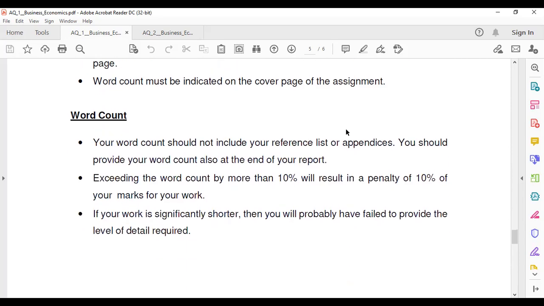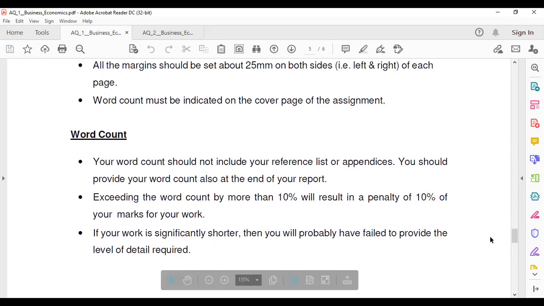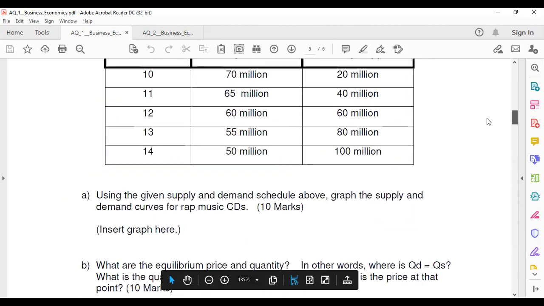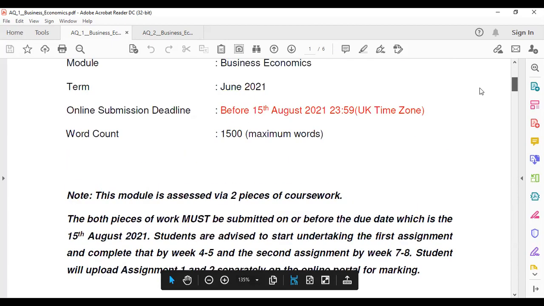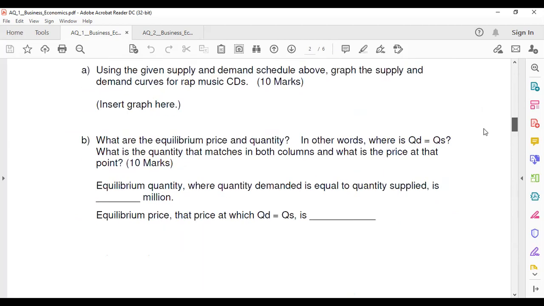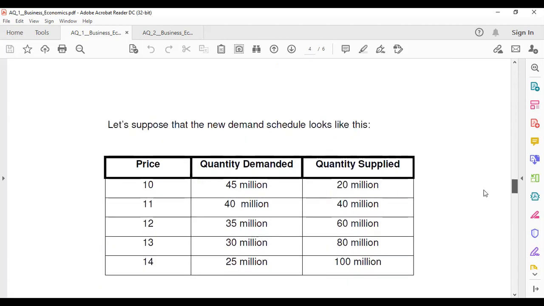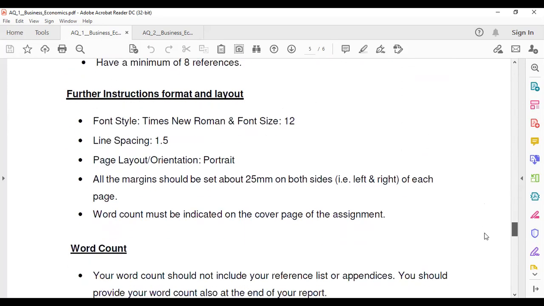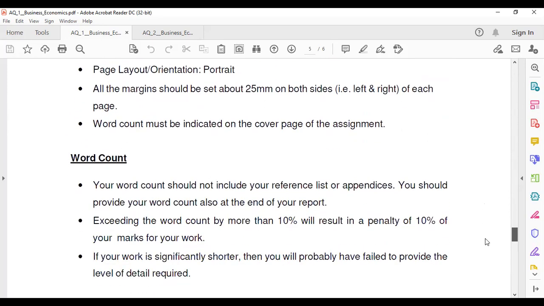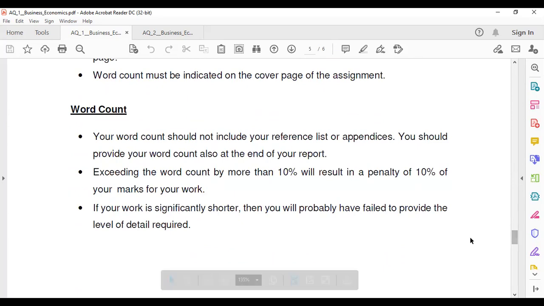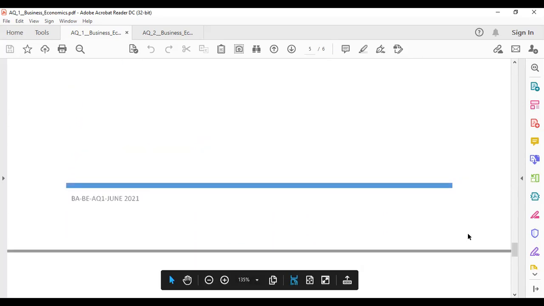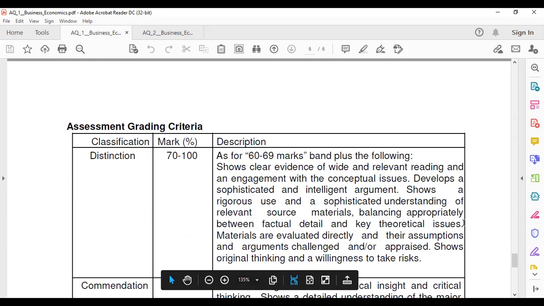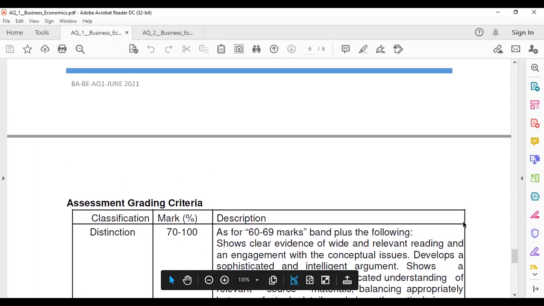So the word count for this assignment is, although it is mentioned 1005, so you should answer all the questions as possible. The word count shouldn't be a problem here. Even lesser also never mind, because you need to answer all the questions. Right, so let's look into the second assignment, then we go to the assessment criteria.